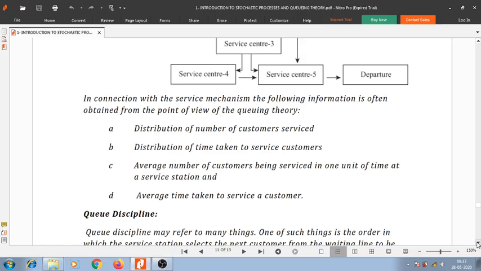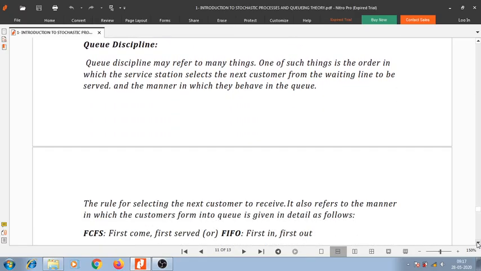Right? Now the third component. What is the third component here? Queue discipline. Queue discipline is nothing but the rule for the formation of a queue, and the rule for selecting for service when they are in the waiting line.